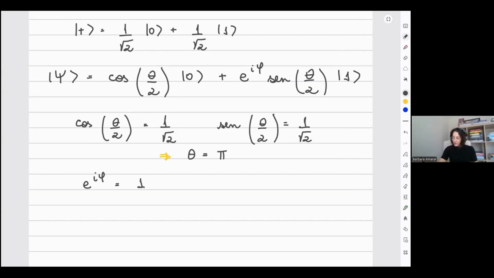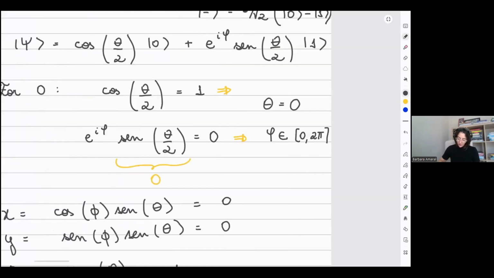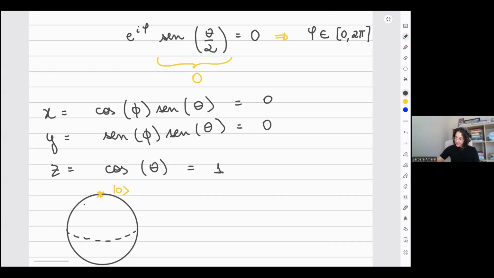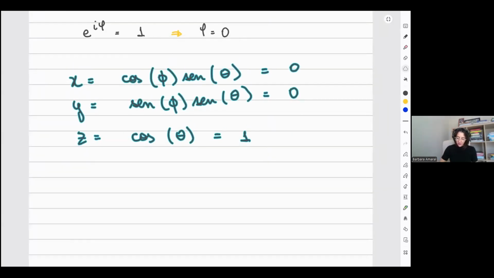And there's no phase here, no sign or another complex number. So this here means that phi needs to be 0. So going back now to the coordinates of the points.